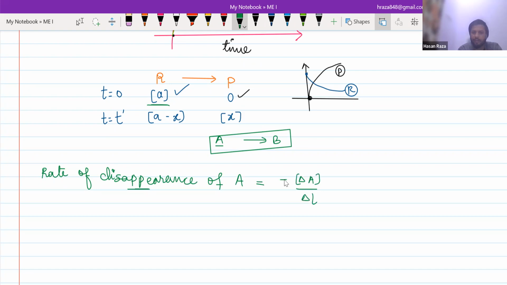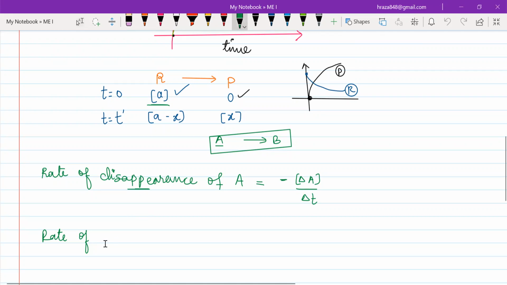Why do we use negative? As I already told you, this negative sign is used for reactant because it decreases. And when you write for product, it will be a rate of appearance because it started from 0 and it will have some value. That means it is increasing.